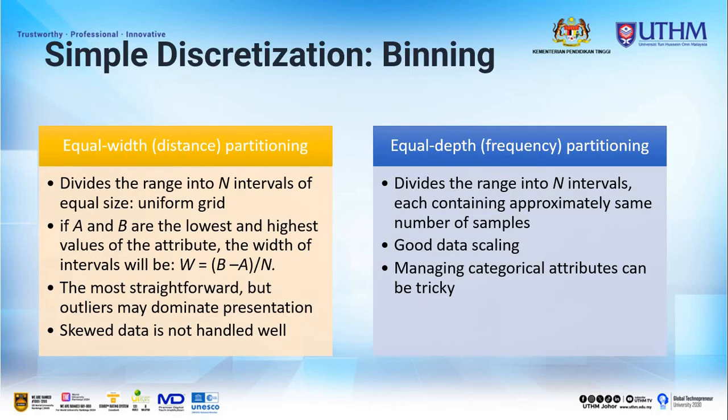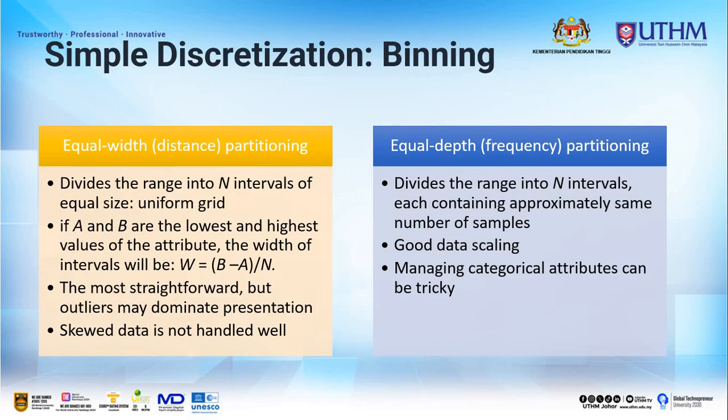Next will be equal depth, or frequency partitioning. This divides the data into n intervals where each interval contains approximately the same number of samples. Instead of dividing by range, we divide by frequency, the number of samples. Suppose we have 100 data points and we want to create 5 equal depth intervals, so n equal to 5.